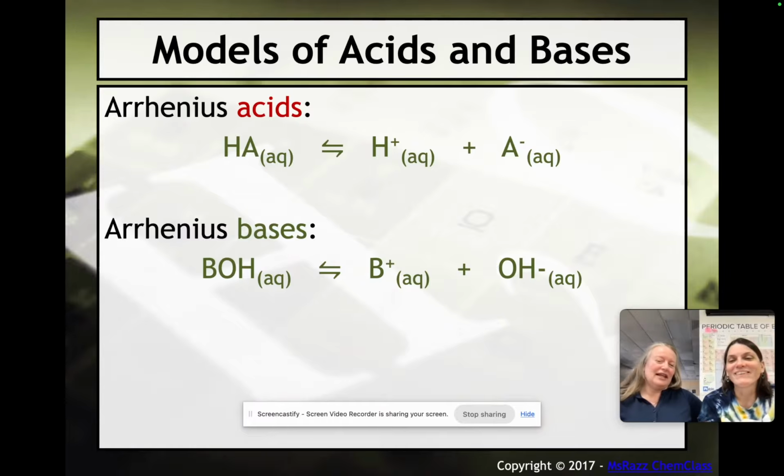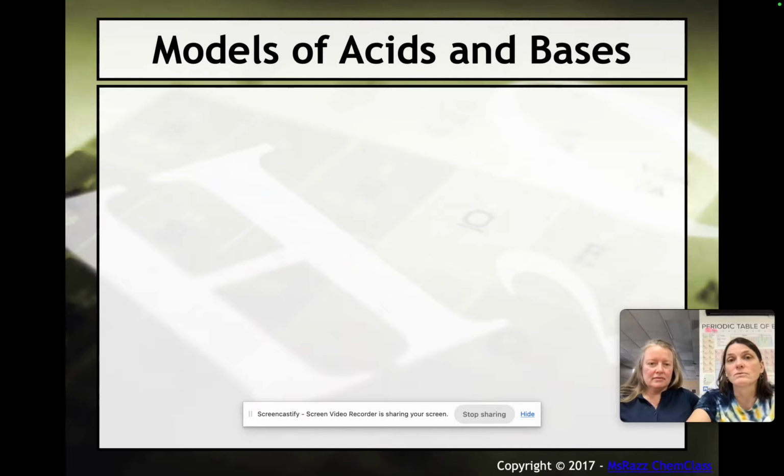So acid produces H plus, base produces OH minus. And that's what gives us the pH scale, which we're going to get to soon.